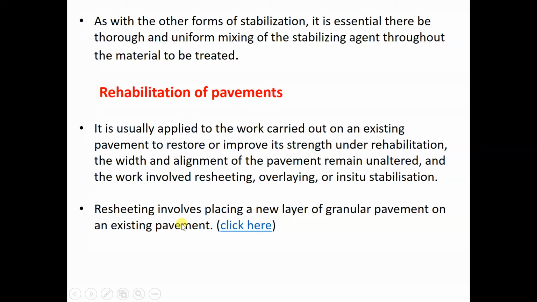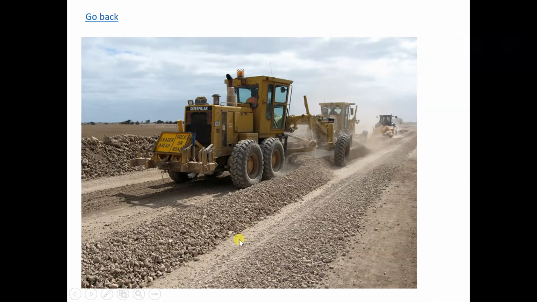So resheeting involves placing a new layer of granular pavement on an existing pavement. So this is a gravel road, which doesn't have bituminous surfacing.